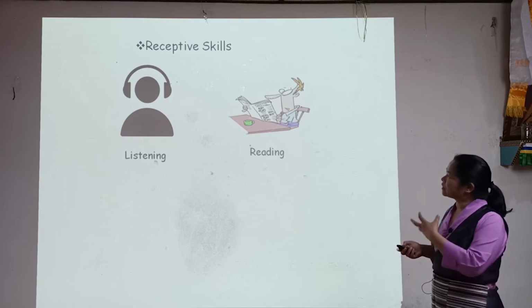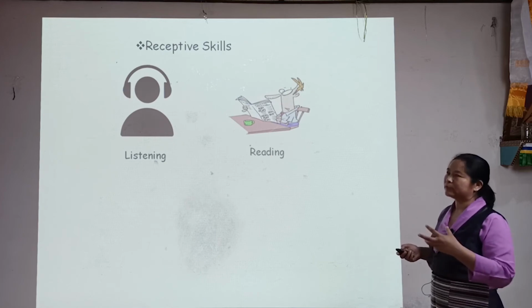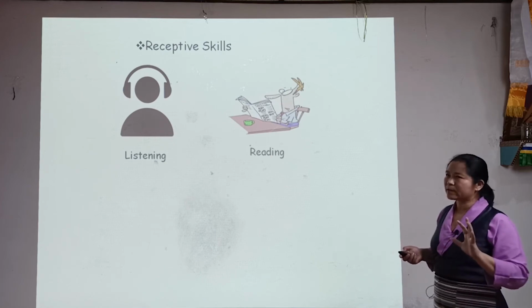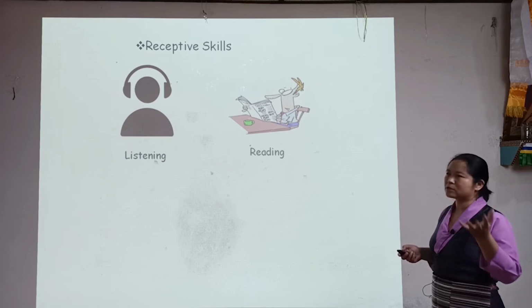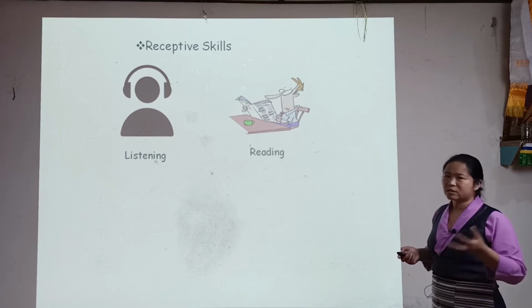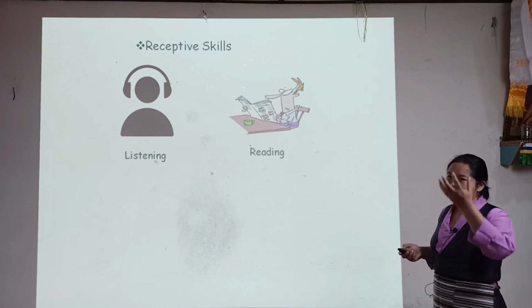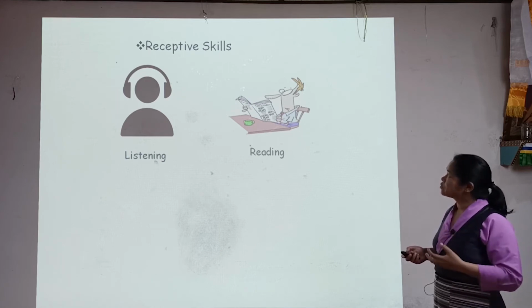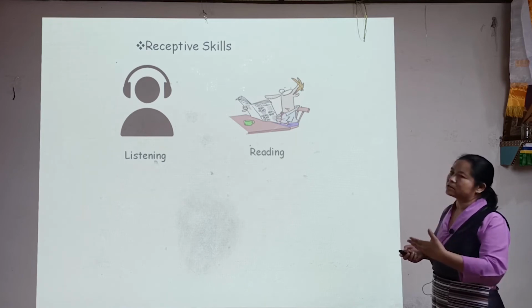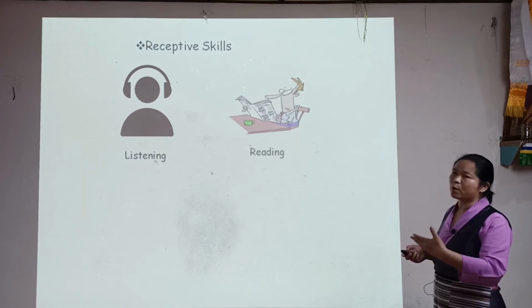So if we read or listen alone, then learning is again not going to take place. Because if you put water in the tank and keep it there, then the water does not have any use. It does not serve the purpose. The water has to come out of the tank for us to use it properly. So that means there is another group of skills.